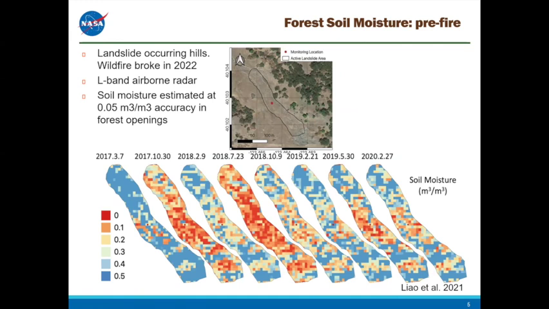You can see that, temporally, there is a realistic variation in soil moisture: in summer, dry; in winter, wet; summer, dry. But also within this 300 meter domain at 6 meter resolution, we can tell quite a realistic variation in soil moisture.